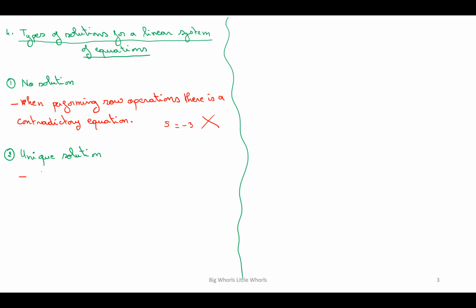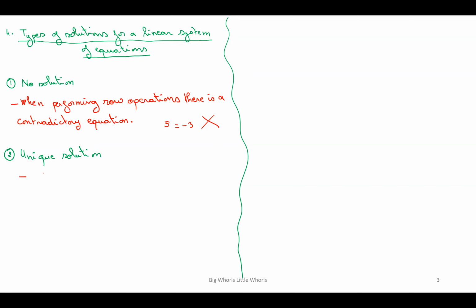Number one, you arrive at echelon form and there is no contradictory equation. That's the main thing to look for. And the second thing is that each variable is a leading variable in its row.